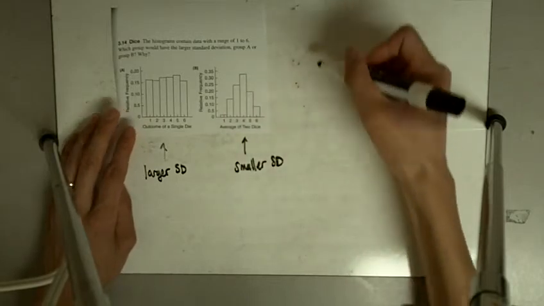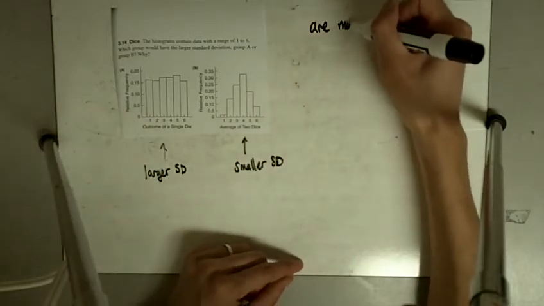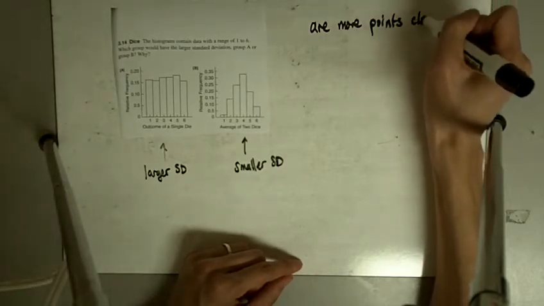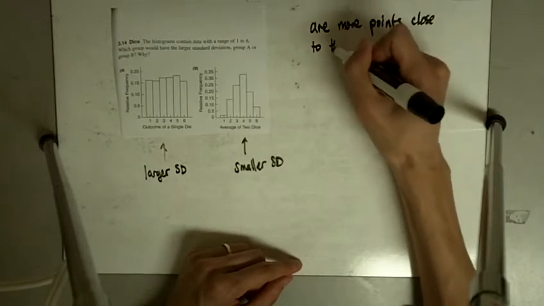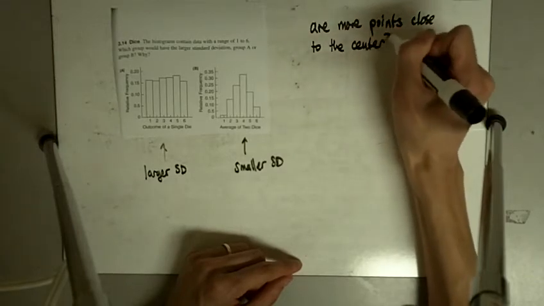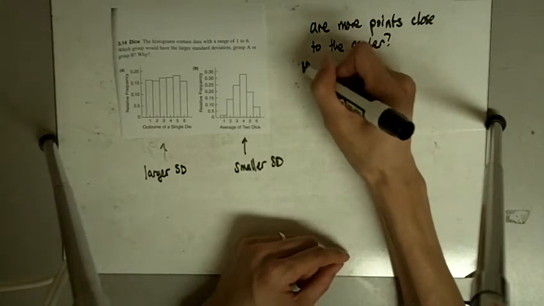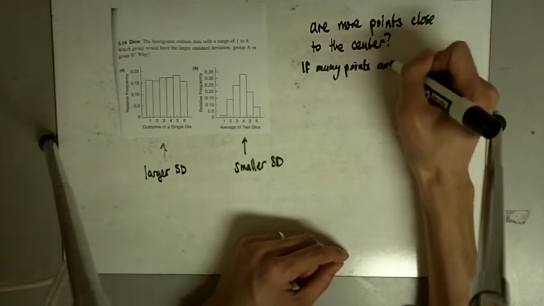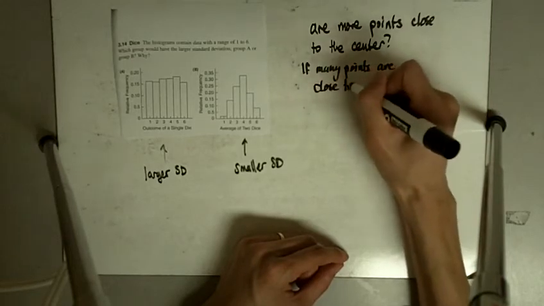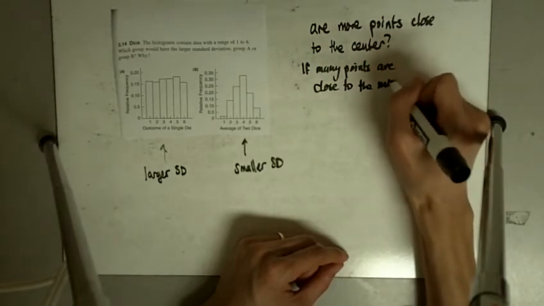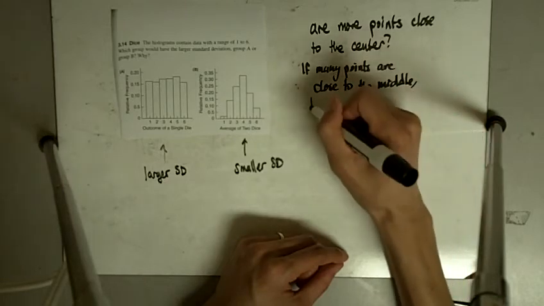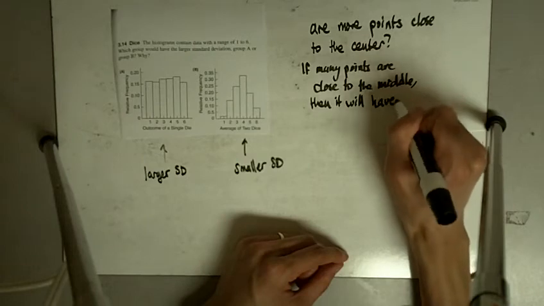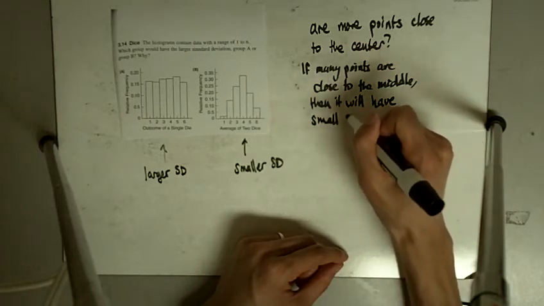Okay, and again the question is, are more points close to the center? And if so, if many points are close to the center, then it will have small standard deviation.